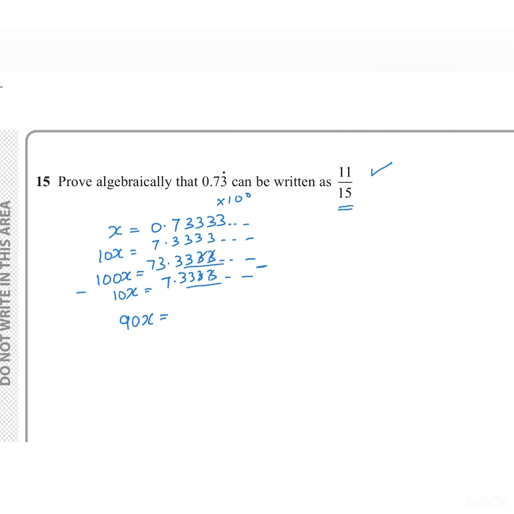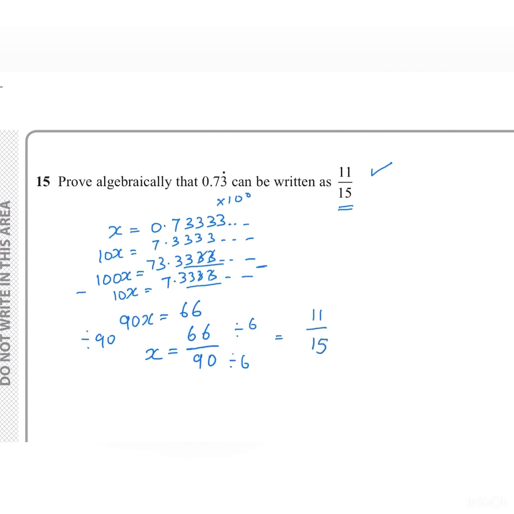And then we have 73 take away 7. That will be 66. And if you make x the subject, so divide both sides by 90, we've got 66 over 90. And now if you divide both by 6, we get 11 over 15.